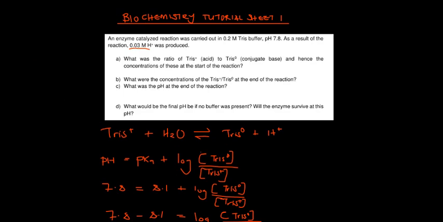So from this equation, we added the acid. So if we add the acid, by Le Chatelier's principle, this will increase, then the acid will decrease. No, actually this one, sorry.